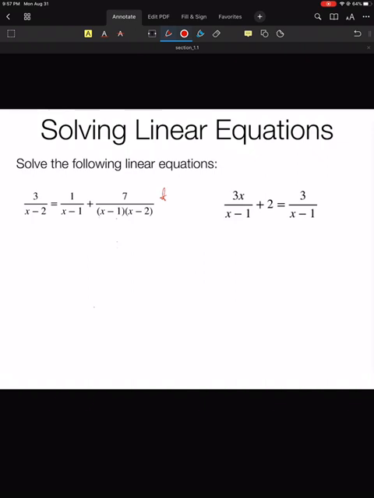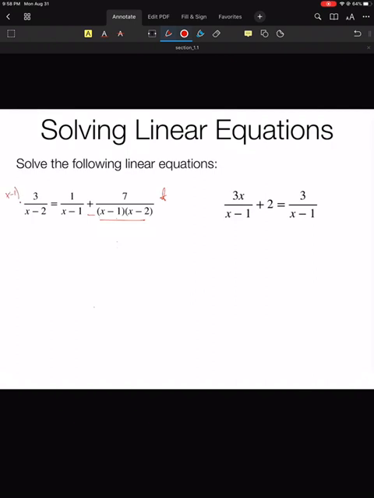You see that we have differing denominators, and so as usual, as we practiced in section R.7, we're going to have to find a common denominator in order to do the addition operation. To do such a thing, we need to look for the least common multiple in the denominator, and it turns out that it is x minus 1 times x minus 2.